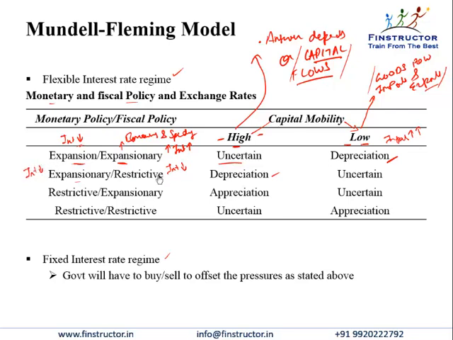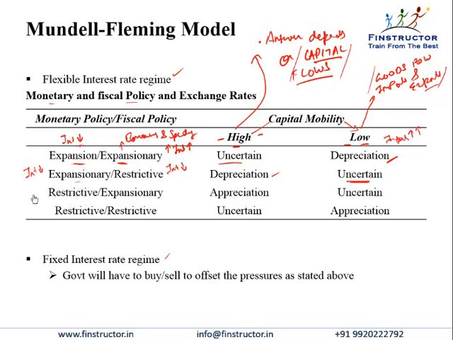However, high tax rates and lack of spending by the government is reducing our income, or reducing the money in our hands. So one factor is supporting high imports. Other factor is reducing the imports. Hence, the impact will be uncertain. If the monetary takes over, then currency will depreciate. If the fiscal takes over, then the currency will appreciate because we will not be able to buy as many things from outside.